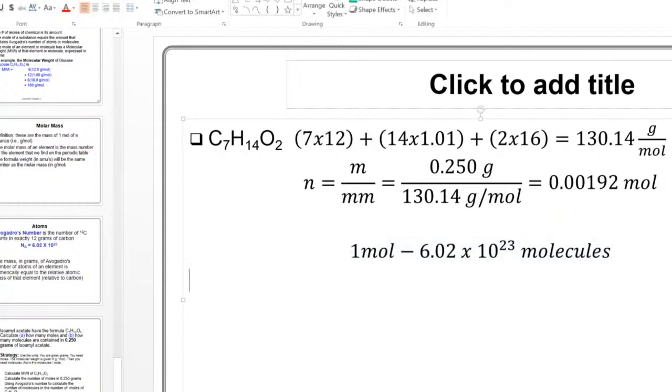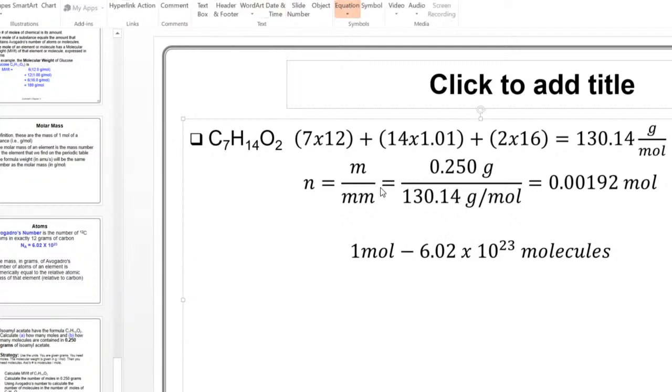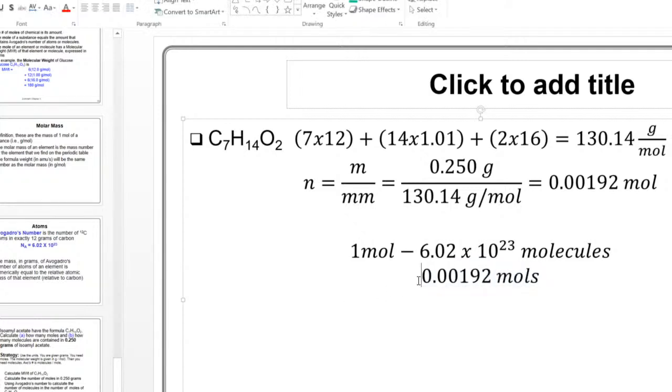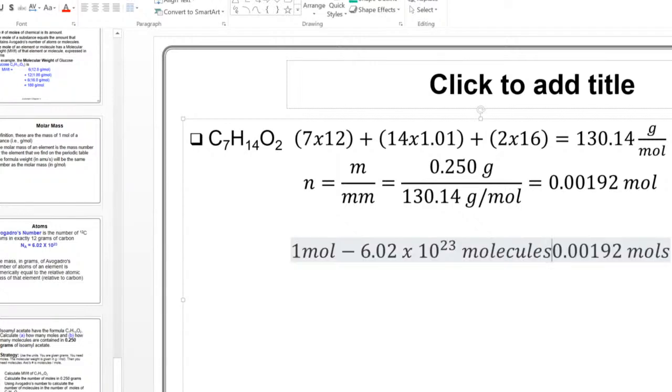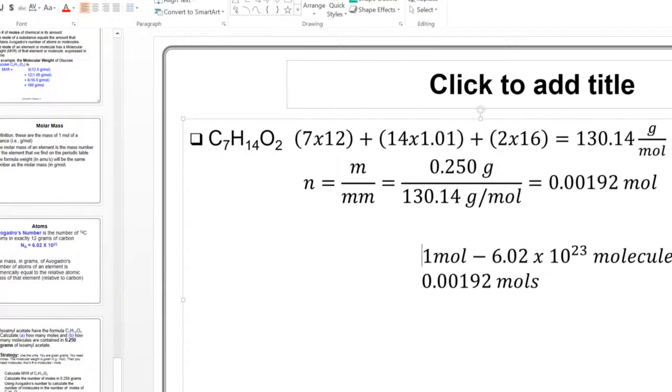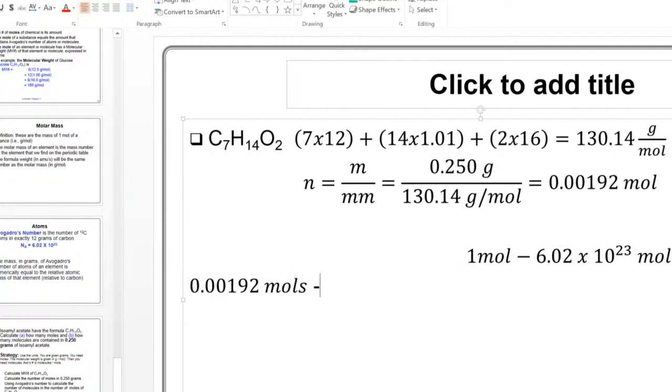What about 0.00192 moles? Okay, so meaning this will give us this question mark.